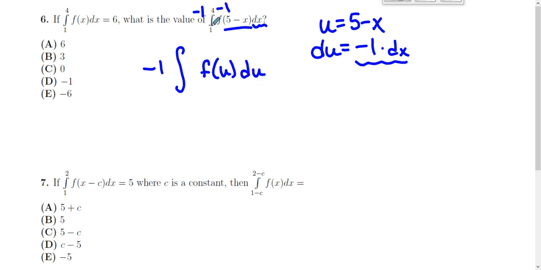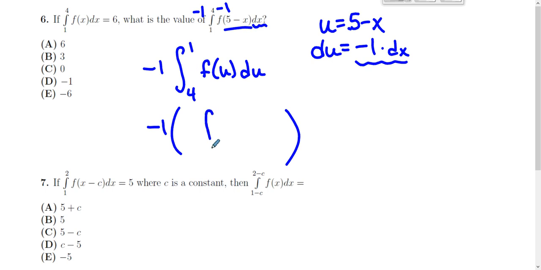From where to where? When x is 1, what's u? When x is 4, what's u? And you're like, man, this is so close to this. I'd love to have that happen. Oh, wait a minute.